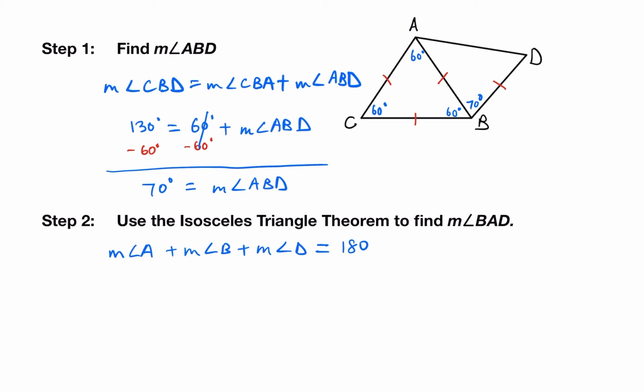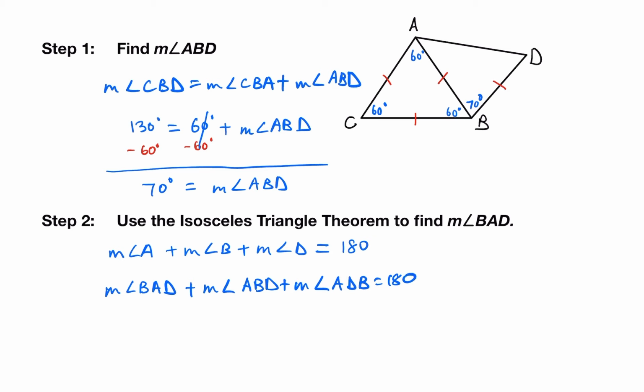Let me be more specific and rewrite this. I would say the measure of angle BAD, not measure of angle A, because angle A could be interpreted in a number of different ways. So the measure of angle BAD plus the measure of angle ABD plus the measure of angle ADB is equal to 180 degrees.